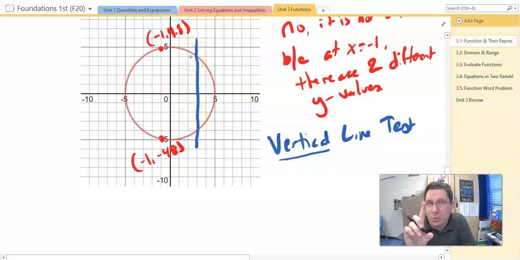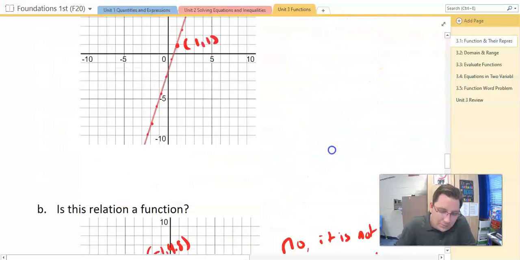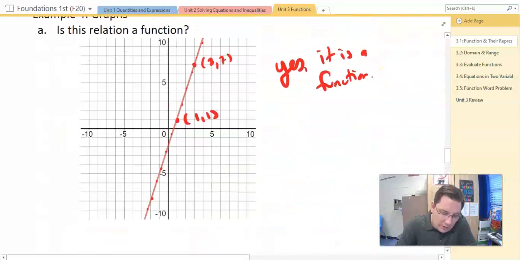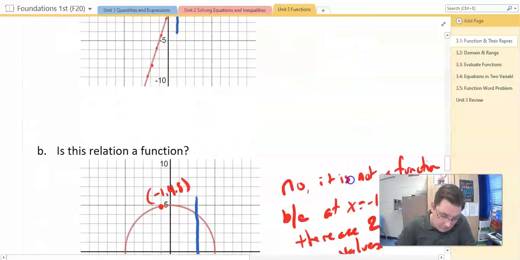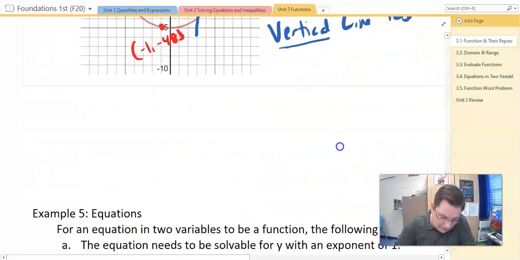It only has to fail once, okay? If I come back up to example 1, I can draw that vertical line anywhere, and it's never going to touch 2 points at the same time. So again, I can use the vertical line test to see if a graph is a function or not a function. Okay? So that is example 4.